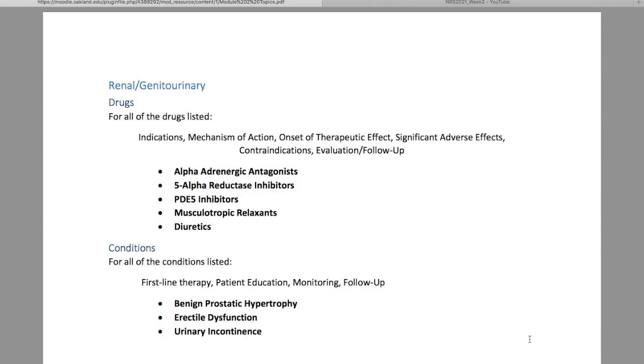So that drug class kind of goes with both systems that we're discussing this week. The conditions that we're going to discuss are benign prostatic hypertrophy, erectile dysfunction, and urinary incontinence. And again, you want to know first-line therapy, patient education, what you are monitoring in those patients, and when you are following up with those patients.